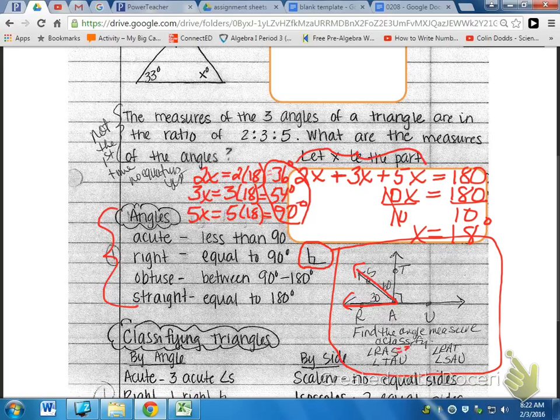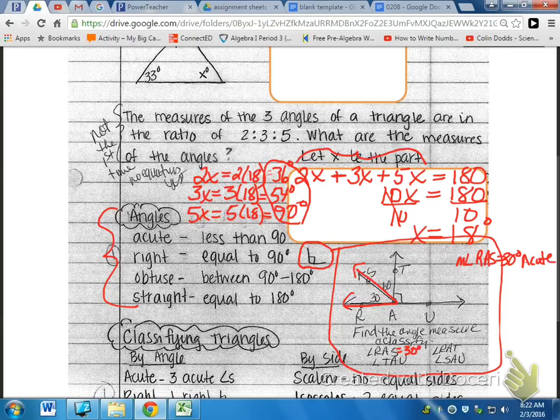30. So RAS is 30 degrees, and what kind of angle would that one be, Dakota? Acute. Okay, so I'm going to have to write this up here because I can't get this like this. So the measure, that's what the little M stands for, the measure of RAS is 30 degrees, and that makes it acute.